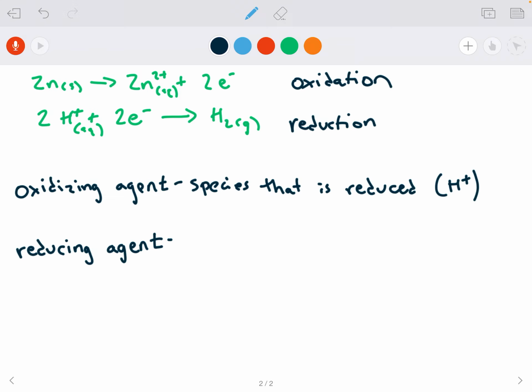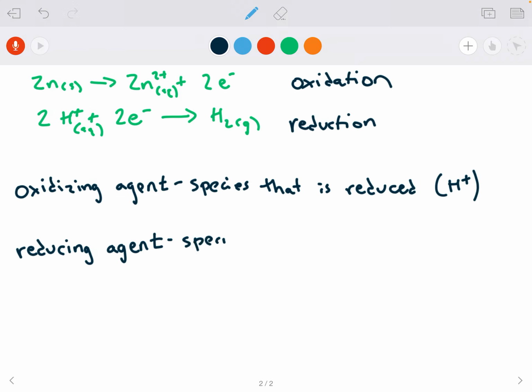The reason it's called oxidizing agent is because when the H+ is reduced, that causes the zinc to be oxidized. Right? You can't have an oxidation without a reduction. So when the H+ is reduced to hydrogen gas, that oxidizes zinc to Zn2+.